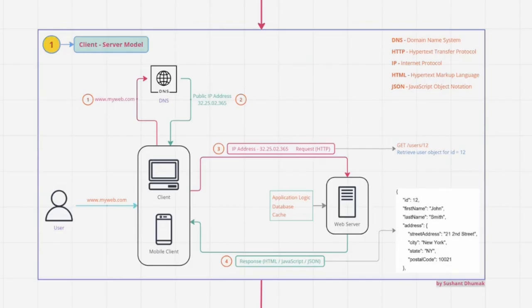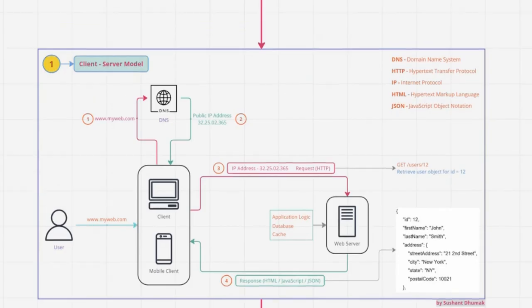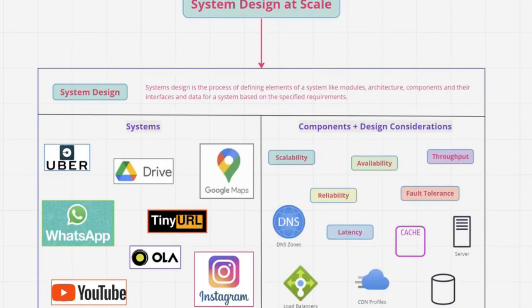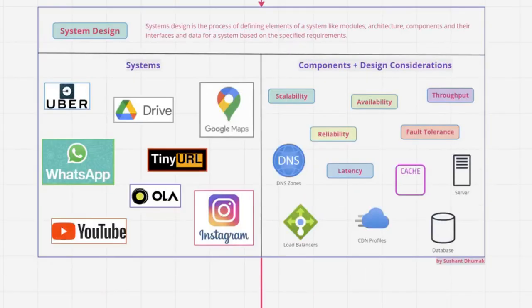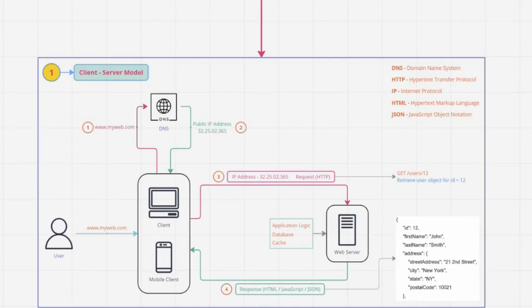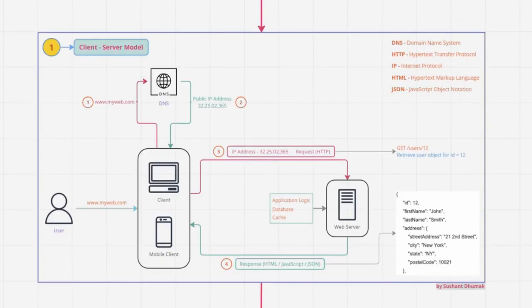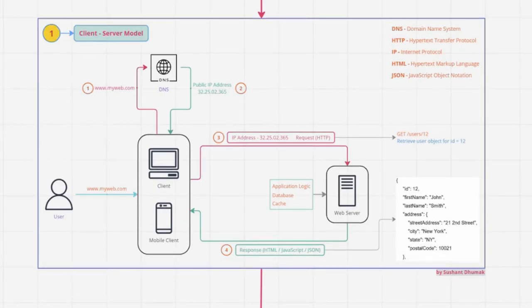We have seen the client server model, and all of this is actually system design at scale. What we have seen throughout this session is how we have scaled our whole system from a single server, from a single user, all the way to serving millions of users.